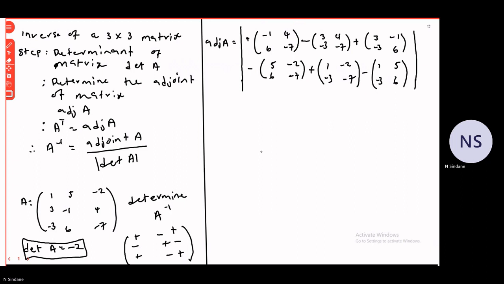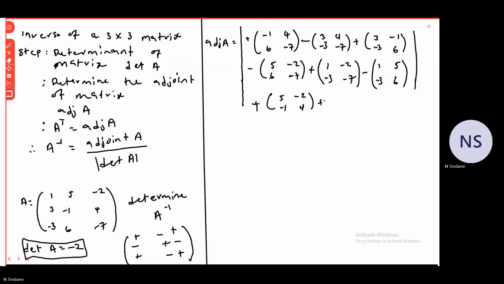Lastly, I have plus into, here what do I have? This is out, 5 minus 1, and then minus 2 and 4. Plus, is it?